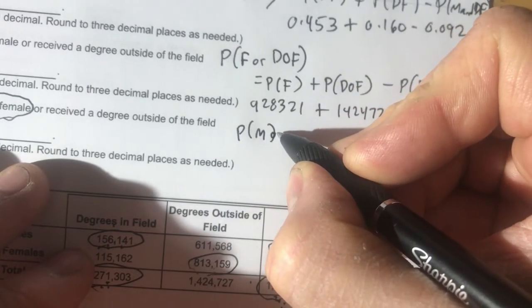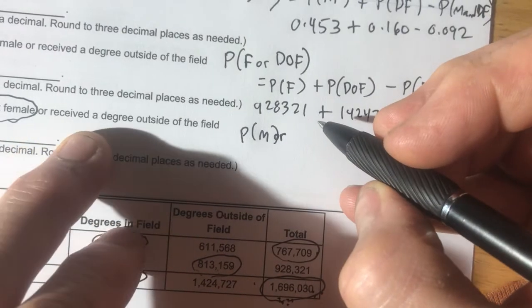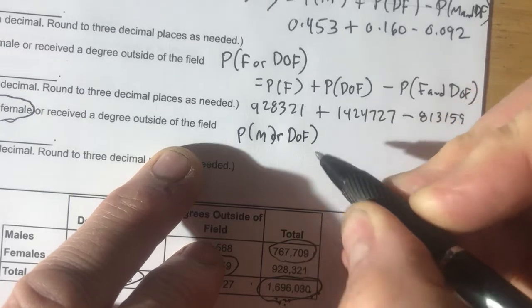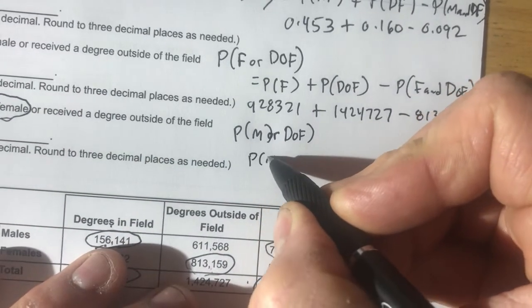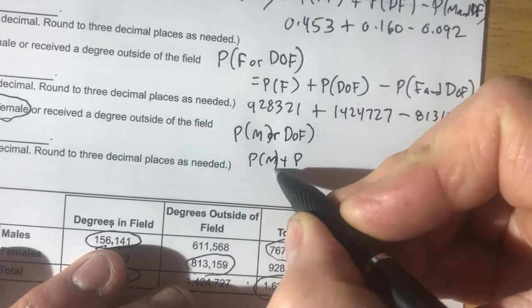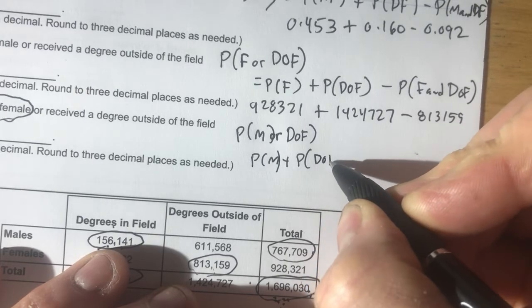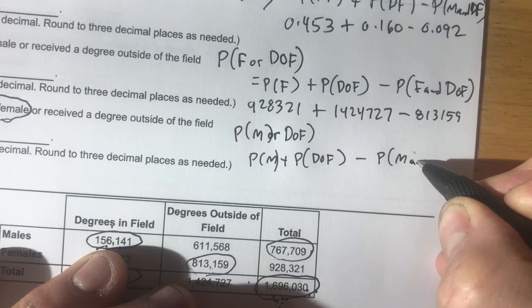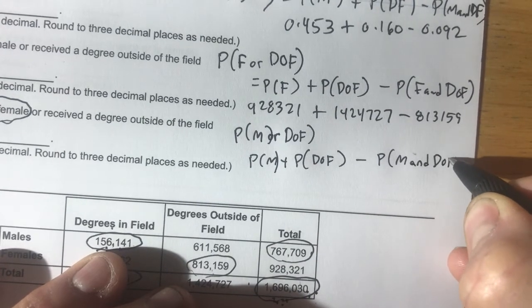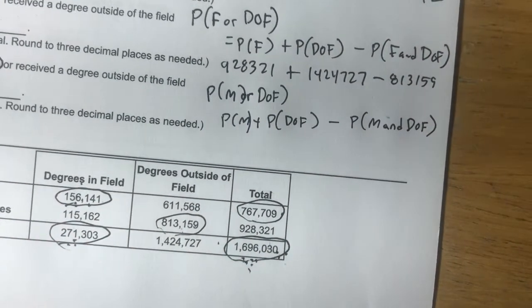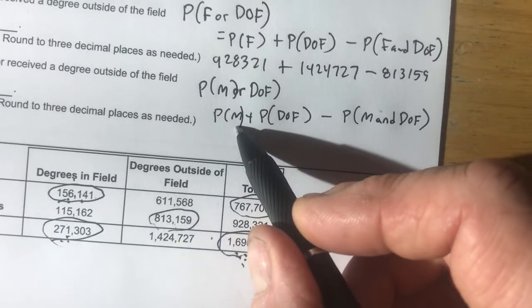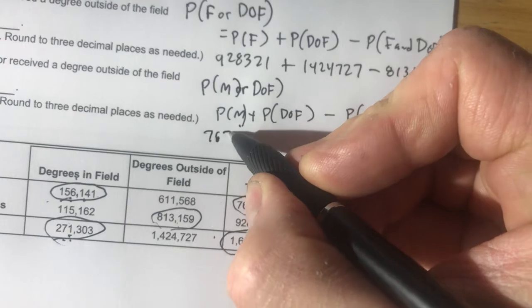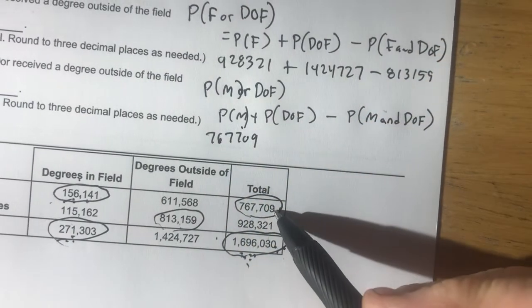Or received a degree outside the field. So that they got the degree outside of field. All right, so that's going to be probability that they're male plus probability that they got the degree outside the field minus the probability that they're male and got the degree outside the field. Okay, so the probability that they're male, all my total males right here, 767,709.